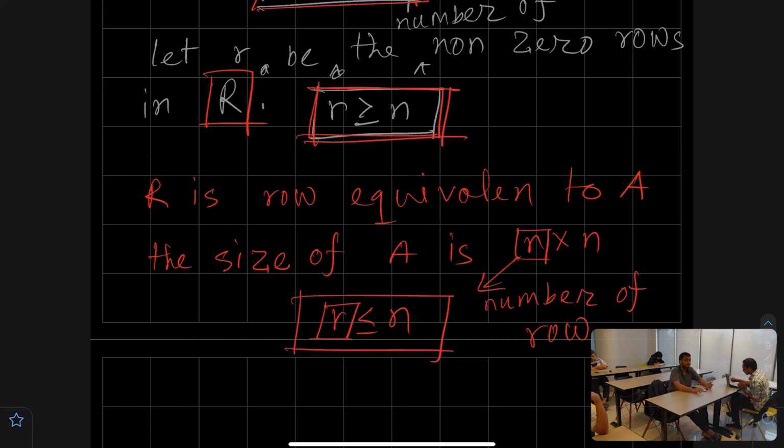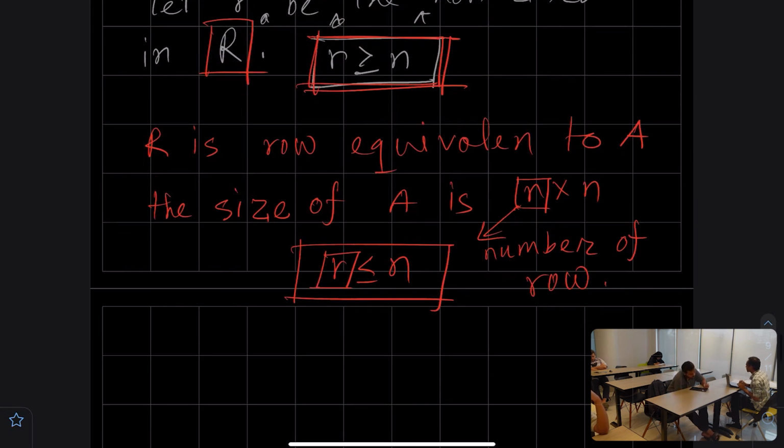These two conditions give us r equals n. That means the number of non-zero rows in R is equal to n.